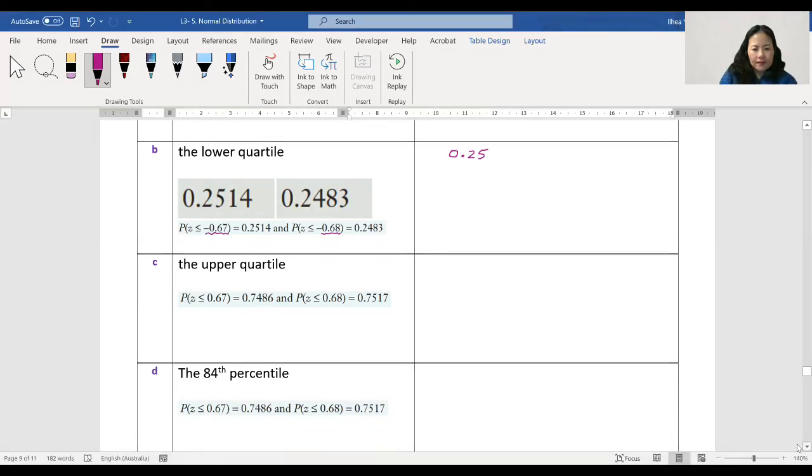And then, these are two possible. We need to choose which one is closer. Which one is closer? I'm just going to number this. Okay, which one is closer to 0.25?